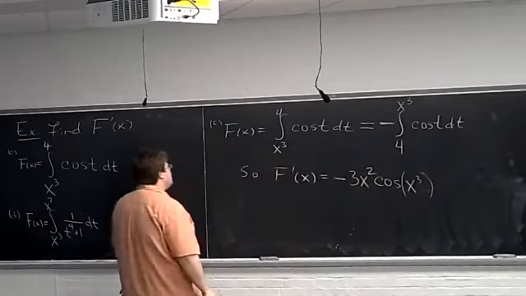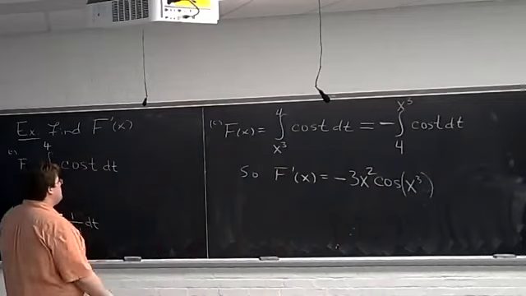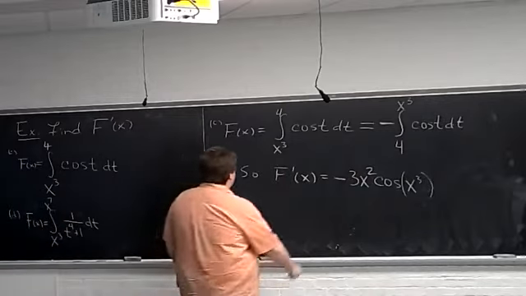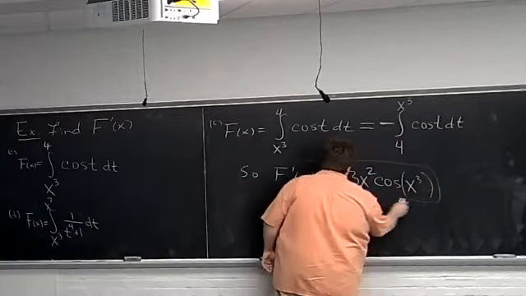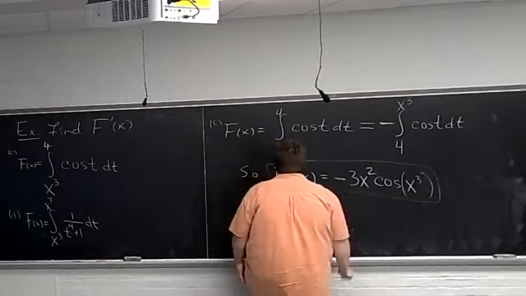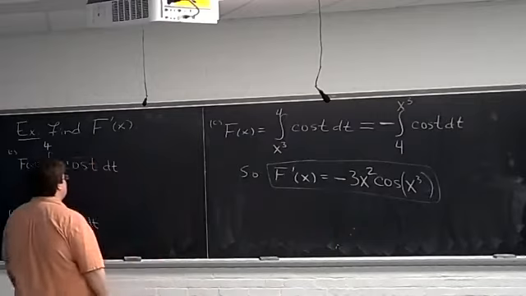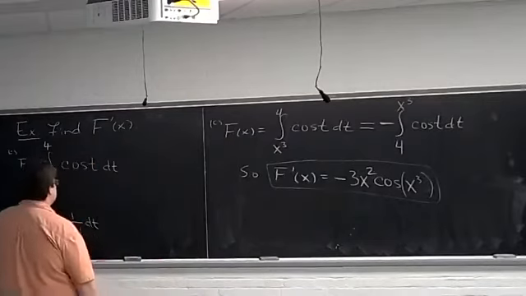So 3x squared is from chain rule. The negative is from flipping the bounds, cosine of x cubed from the first part of the fundamental theorem of calculus. Any questions about that?